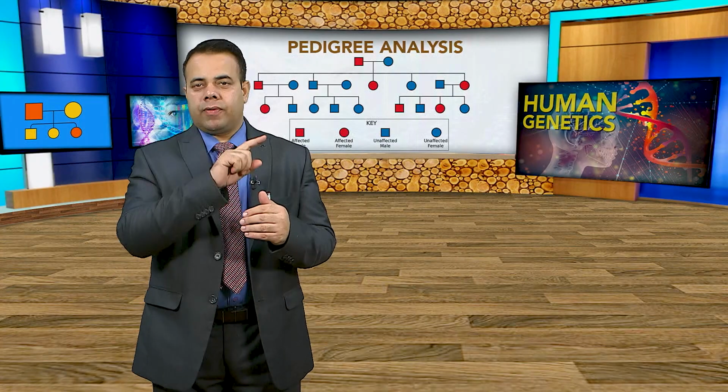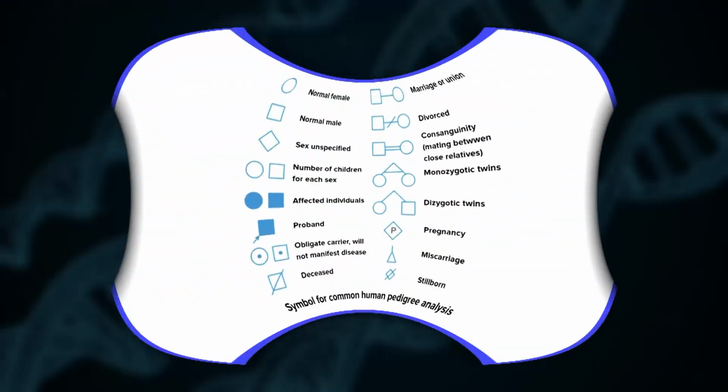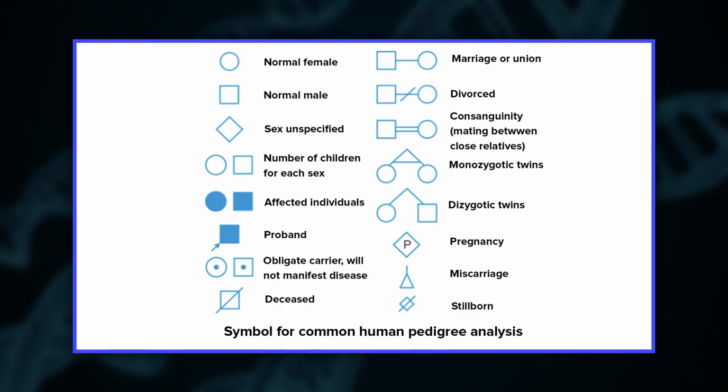Dear students, the relationships in a pedigree are shown as a series of lines. Parents are connected with each other by a horizontal line, and a vertical line leads to their offspring. The offspring are connected by a horizontal sibship line and listed in birth order from left to right.